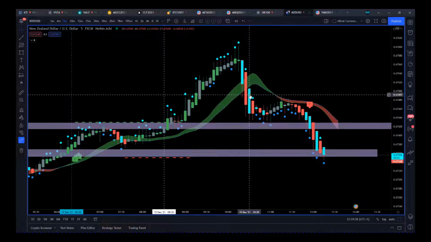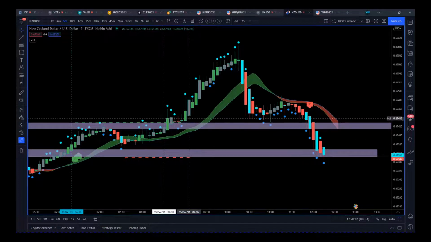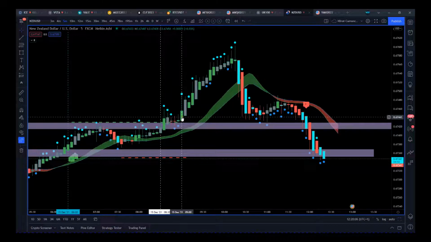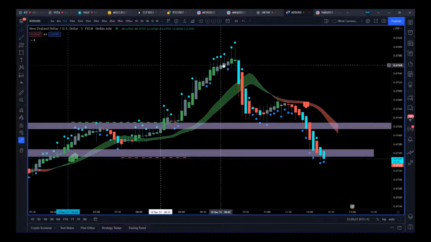But one of the things we look at is the volume. So we see green and grey candles. A green candle is what's called an accumulation candle. So that has more volume than the previous candle, so there's more bias. A grey candle is an up candle, but it has less volume than that previous candle. And you can see the ranges of these candles start to slow down here.